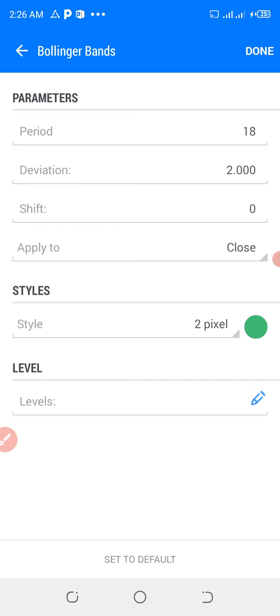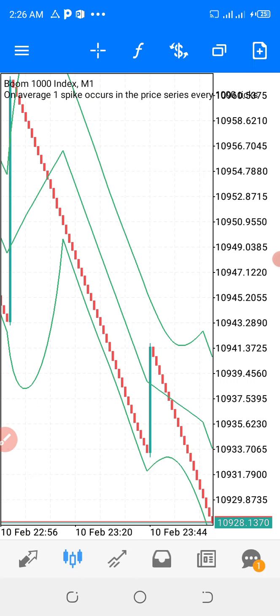It's the one I've been using, so no wonder it's different from yours. So please make sure the period is 18 and close there. For pixels, you can choose whatever, whether 4 or 3, but I encourage using 2 pixels. Okay, then done.